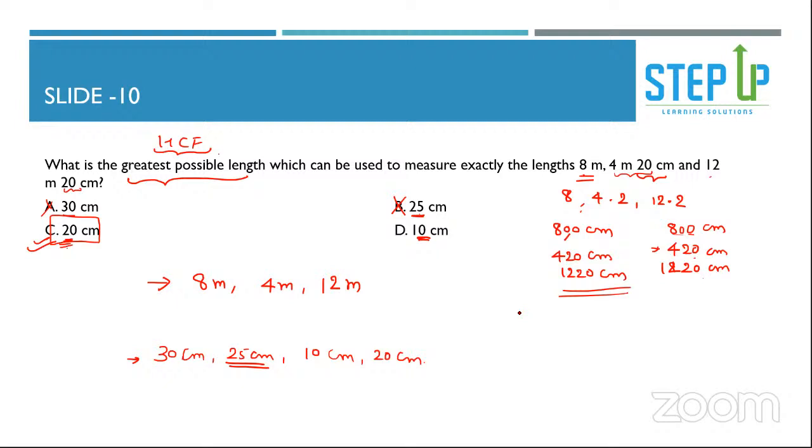Now coming to this question, 8 meter, 4 meter and 12 meter can be written as 800 centimeter, 400 centimeter and 1200 centimeter. So if I take 30, again, 30 is not dividing 800 completely, so the option is eliminated. If I take 25, yes, 800 is divisible by 25. What is the divisibility rule of 25?